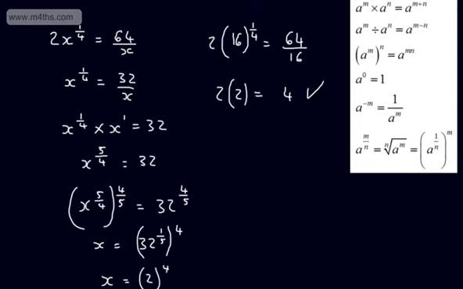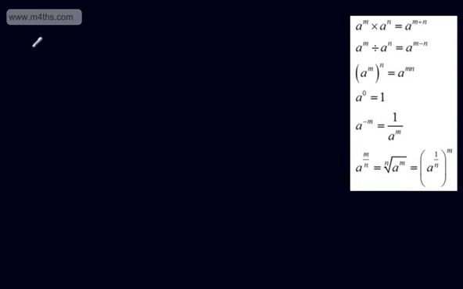Let's look at another example. Let's say we've got 5 to the power of 6x minus 1, and we'll put this equal now to 25. Now, this looks a bit daunting, but let's rewrite this now as a power of 5. So we've got 5 to the power of 6x minus 1 would be equal now to 5 squared.